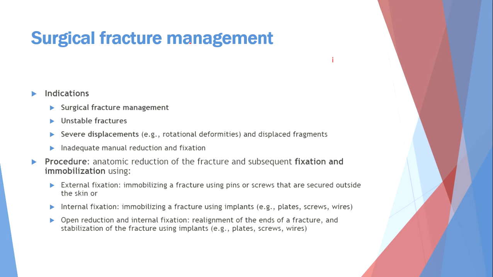Procedure: anatomic reduction of the fracture and subsequent fixation and immobilization using: first, external fixation, immobilizing a fracture using pins or screws that are screwed outside of the skin, or internal fixation, immobilizing a fracture using implants, for example plates, screws, wires, and open reduction and internal fixation, the realignment of the ends of the fracture and stabilization of the fracture using implants, plates, screws, and wires.